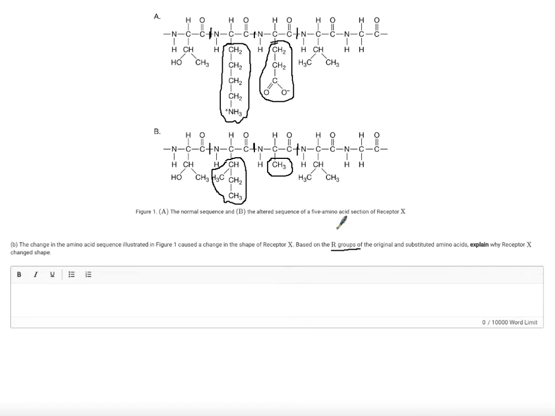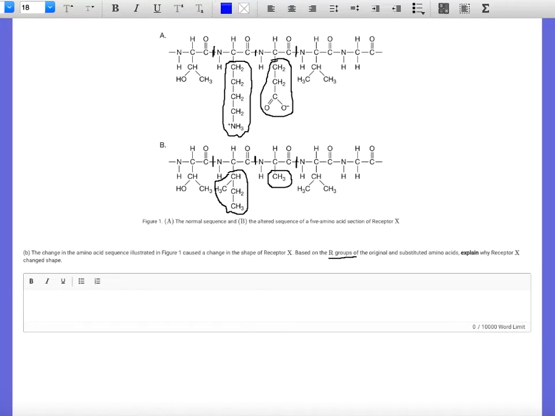And so when you change the R groups, you're going to change the structure of the protein, because they're going to interact differently. These, you can see, are charged, or ionic, or polar, however you want to say it. You can tell that they've at least got partial charges, if not full charges.